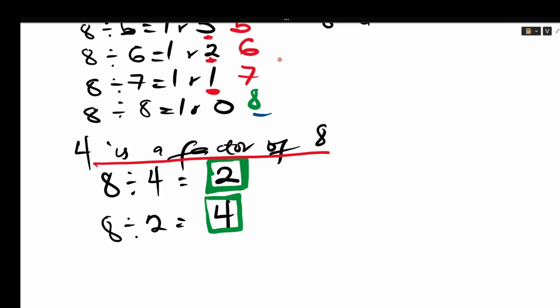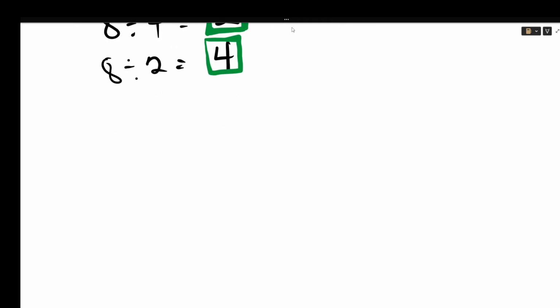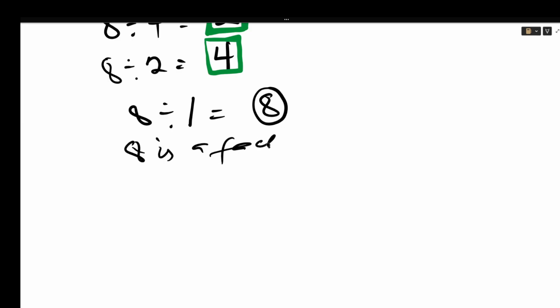So if I pick another number, let's pick 1, which was a factor. 8 divided by 1 gave us 8. That means 8 itself is also a factor of itself. 8 is a factor of 8.